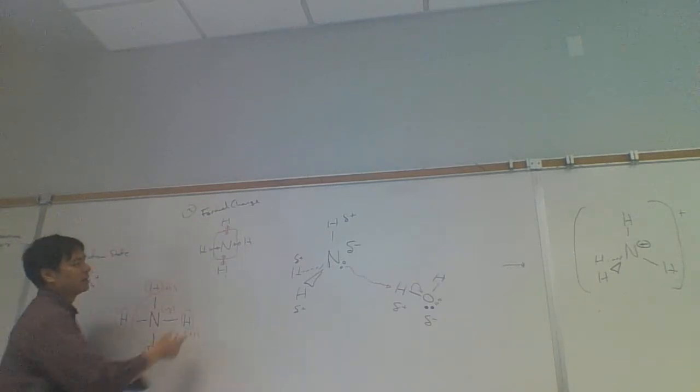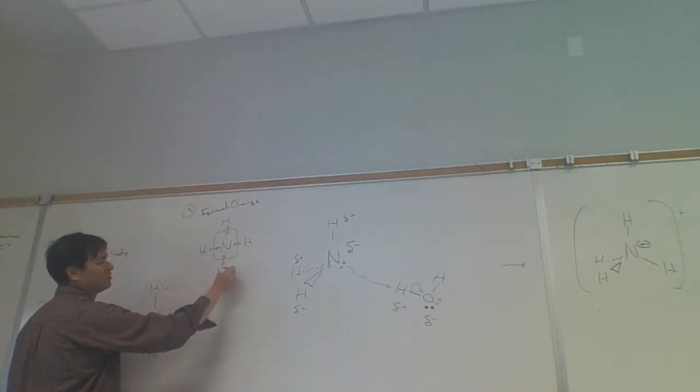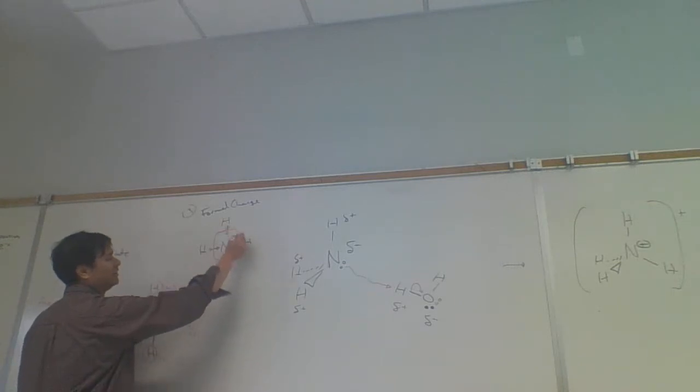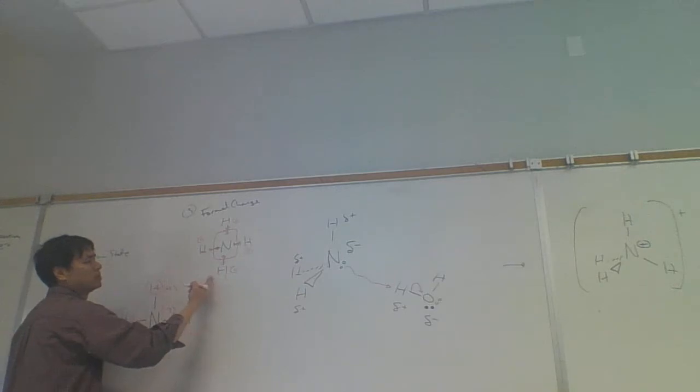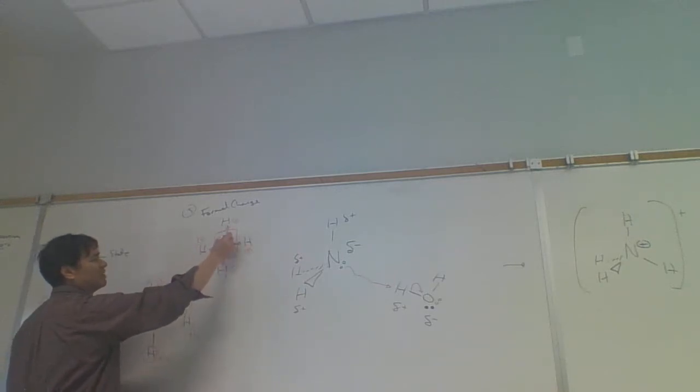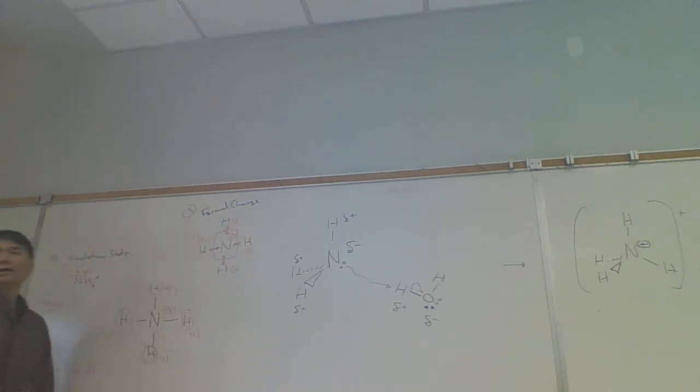So when we count the electrons, hydrogen has 1 electron, so the formal charge is 0. It ends up with 1 electron. Unfortunately, nitrogen only ends up with 4 electrons. It's supposed to have 5 electrons, and it ends up with a positive charge here.